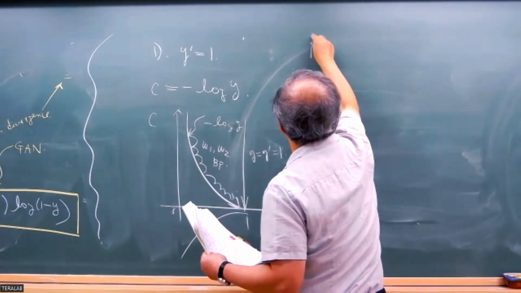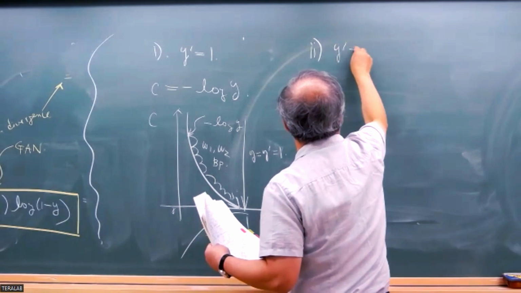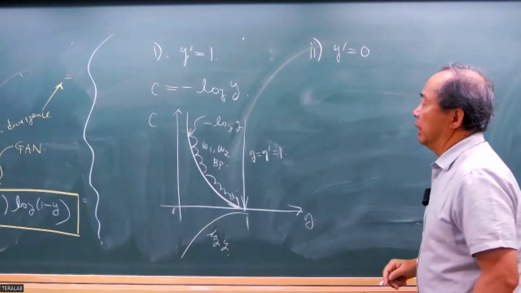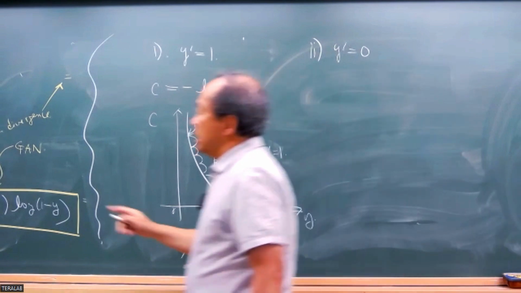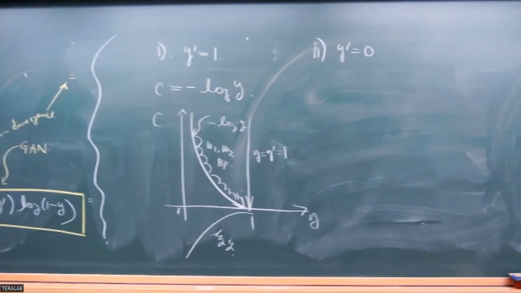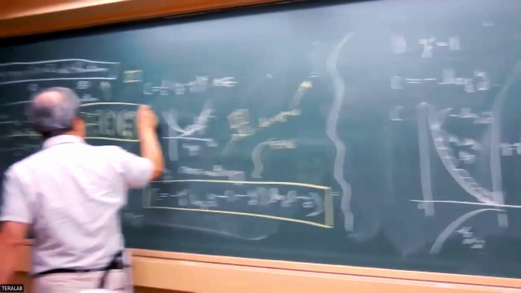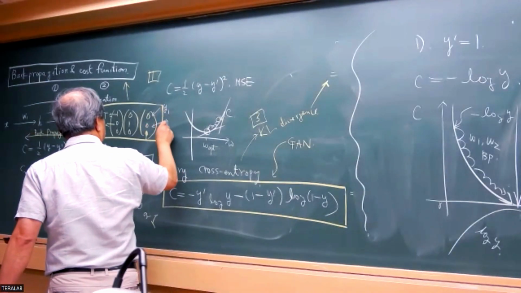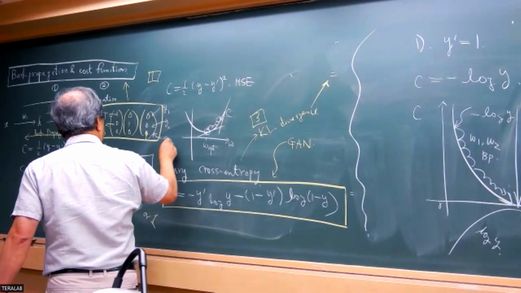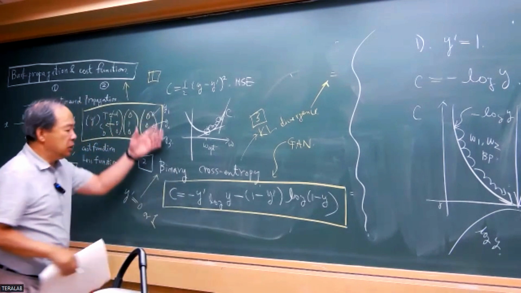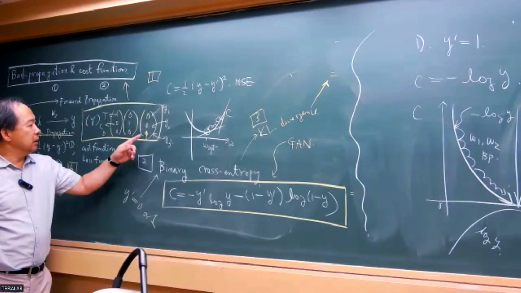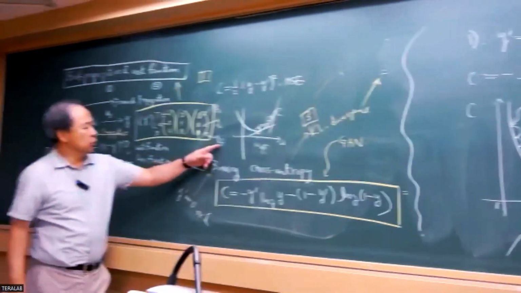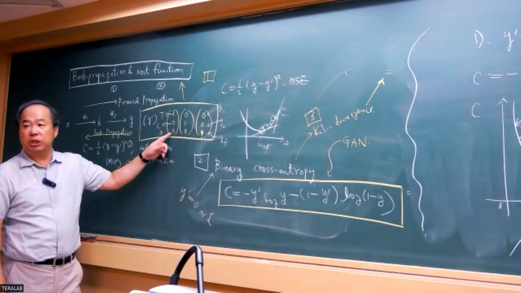Now, for the case of y dash is equal to 0, that is the second element. I would say this is y1, this is y2, and this is y3. The output layer has a certain number of element vectors, and I'm assuming that this is y3, then that should be 0.